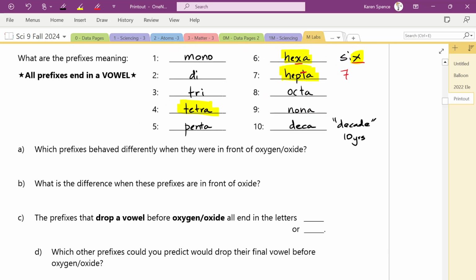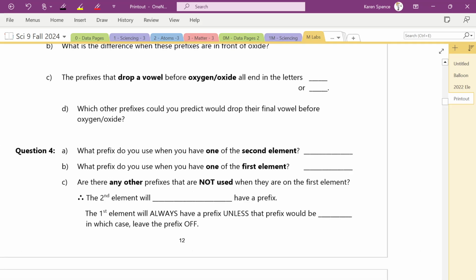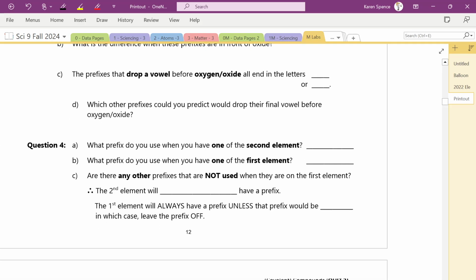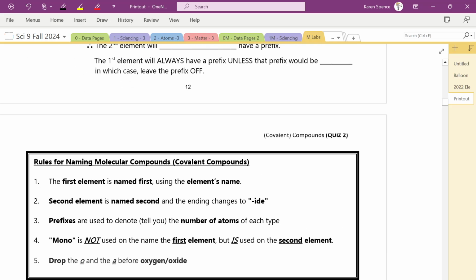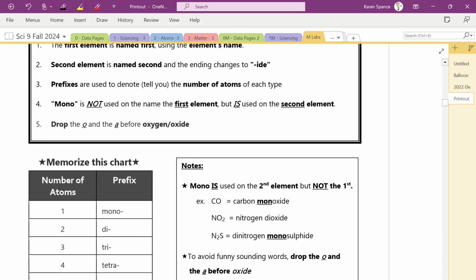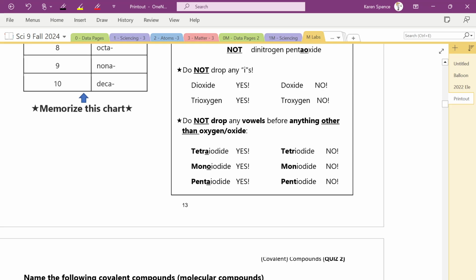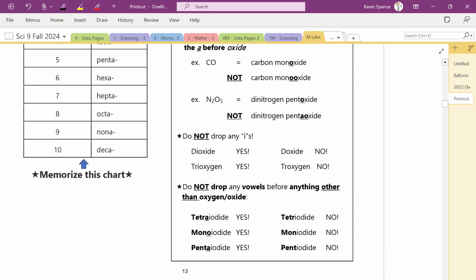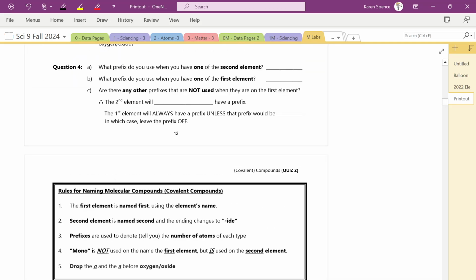We've already talked about oxygen. Yes. Well, just hang on a second, okay? And I think the rest of it is okay. Yep. We've talked about all of that. Here on page 13, you can see there's all the rules. So page 13 has all the rules.